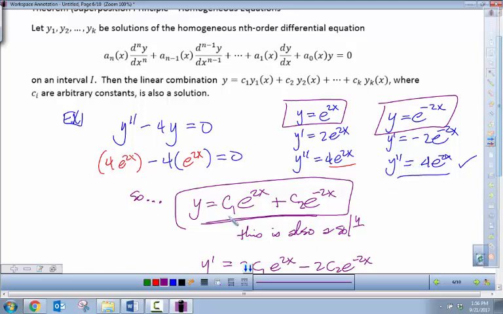And we can do the linear combination by just putting a C1 and C2, and those happen to be our arbitrary constants. Okay, so all this talk about linear independence, linear combinations, linear operators, all builds into solving our linear homogeneous nth order differential equation.